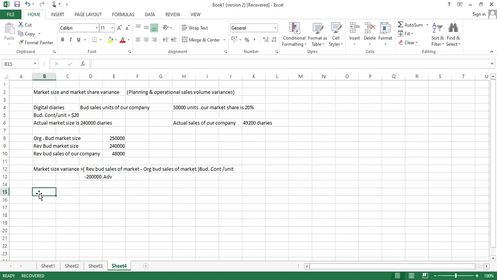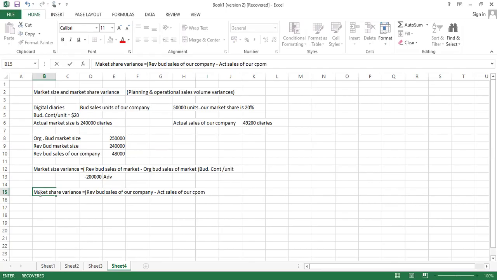On the other hand, if we calculate market share variance, that is our performance, it is equal to revised budgeted sales of our company minus actual sales of our company, into budgeted contribution per unit.